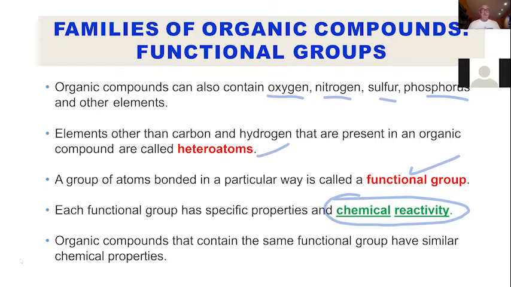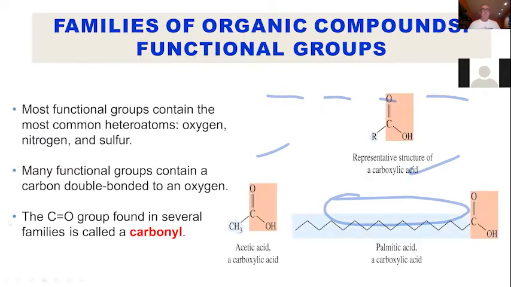So what are some of these functional groups? Most functional groups contain the three most common heteroatoms, which are the ones we're going to be learning about tonight: oxygen, nitrogen, and sulfur.